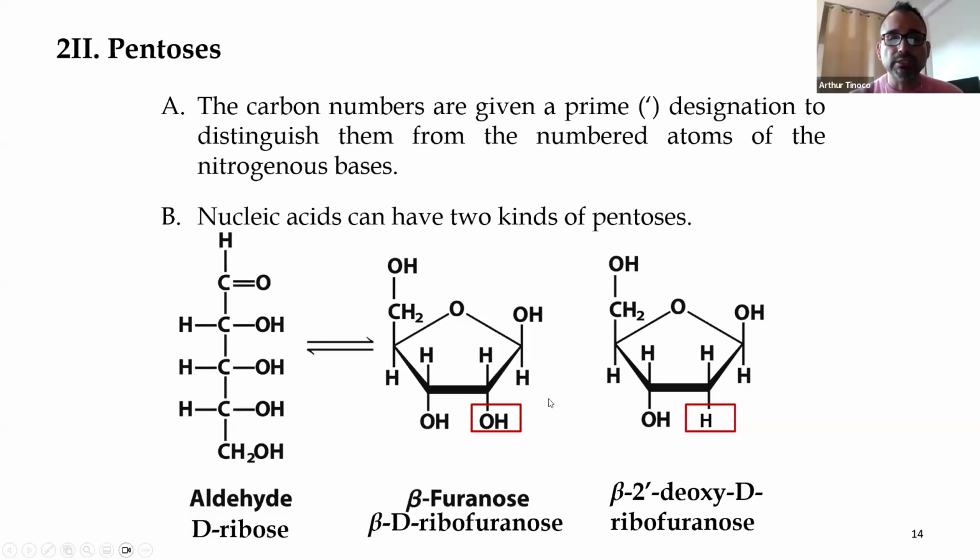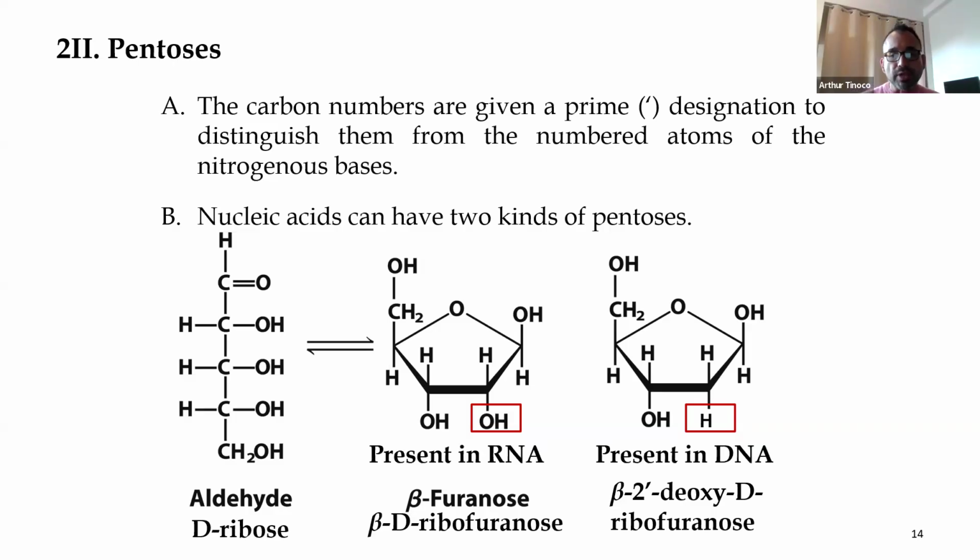You have the OH form and then the H form, which is typically referred to as the deoxy form. Depending on how they are incorporated in the structure, you have one or the other. The OH form is present in RNA and the deoxy form is present in DNA.